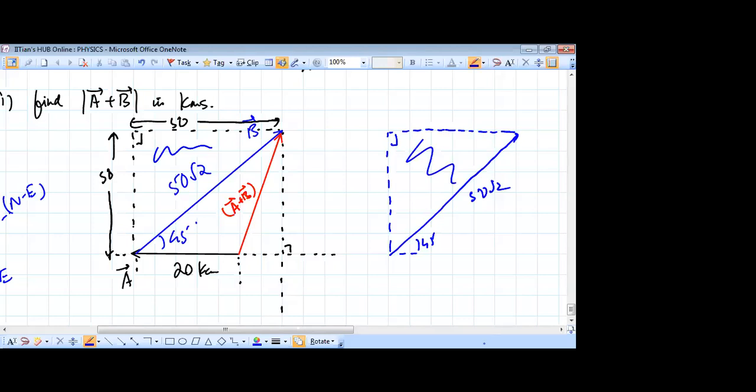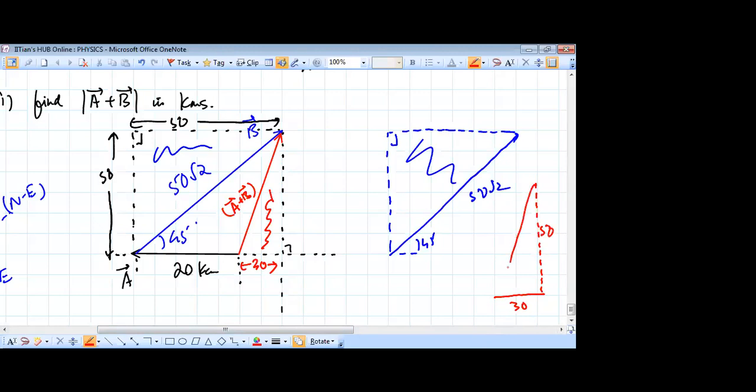Since this is 20, this should be 30. My diagram is not that accurate. It should actually be longer than this, but anyway, this is 30. Now look at this smaller triangle. In this triangle, the base is 30 and the perpendicular on this side is 50.